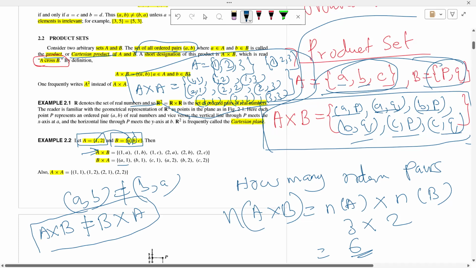Similarly, with 2: A comma 2, B comma 2, C comma 2. So A cross B and B cross A are two different things.